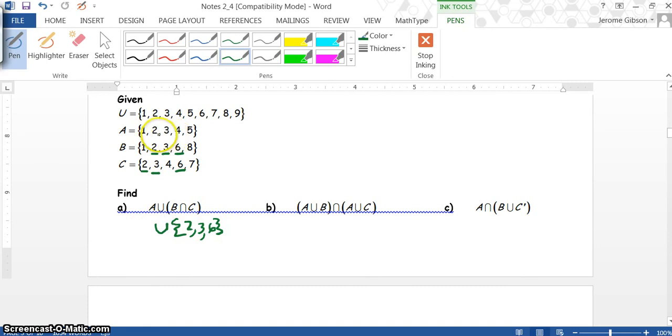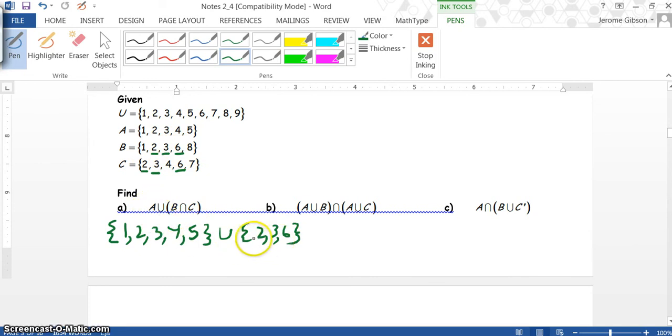Now let's write out A. We know A, based upon what we have here, is 1, 2, 3, 4, 5. I didn't give myself enough space. Okay, class, I rewrote this just so that I would have enough space. So A is 1, 2, 3, 4, 5, union B intersect C, which we determined was 2, 3, and 6.